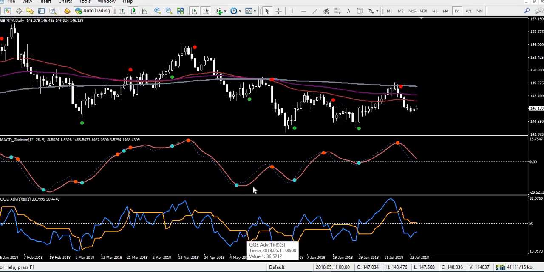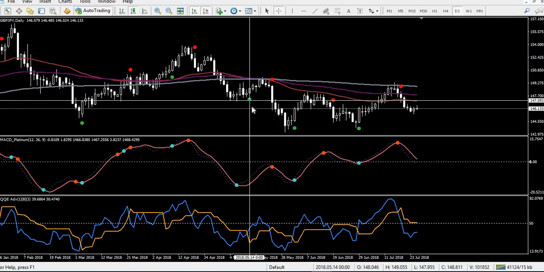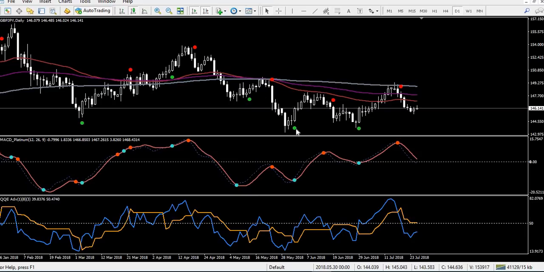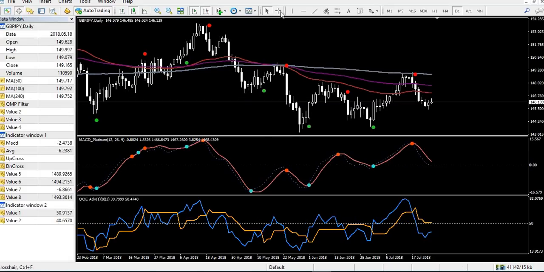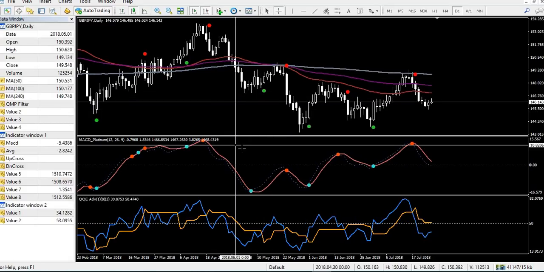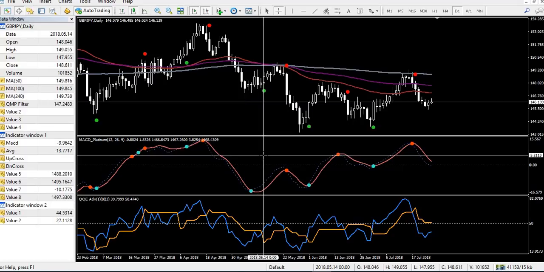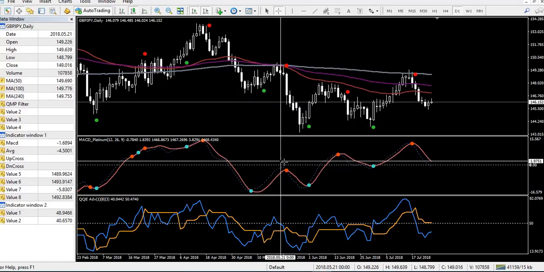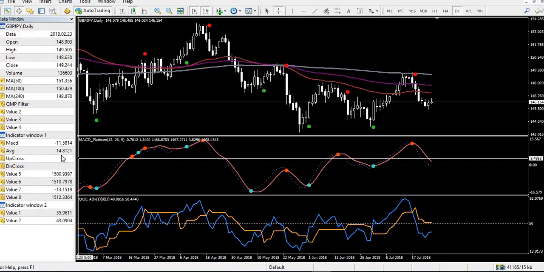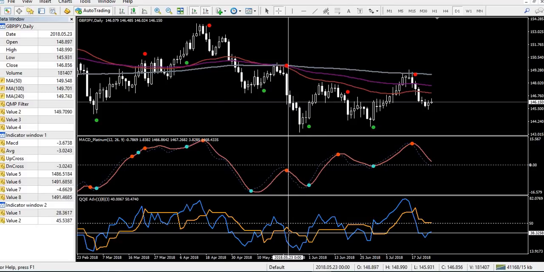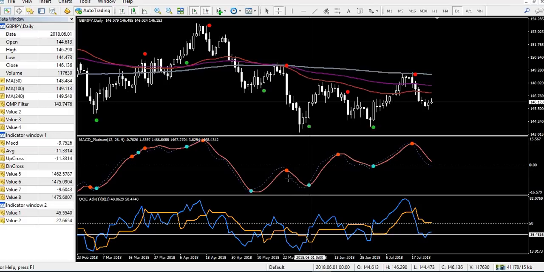So that explains it. If I didn't have the QMP filter, which is these green and red dots on the chart, then you would have to get your little data folder out here, get your crosshairs up, and start trying to work out exactly when the cross took place, etc. So you'd be looking for the cross here, making sure it happened. You'd have to be looking for data on the left there, and it's just a real pain.